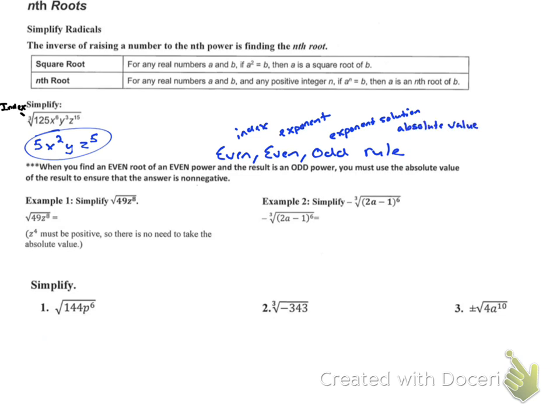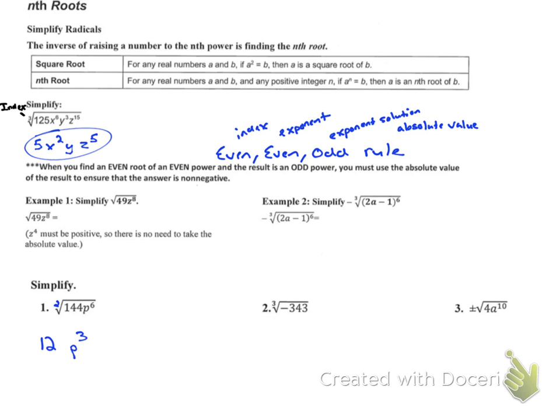All right, if you look at number 1, what's the square root of 144? 12. Now what's our index number on a square root? It's understood, it's a 2, right? So what's 6 divided by 2? 3. P cubed. So this is an example of the even, odd rule. The index number is even, the index number is a 2. If you look at the P, the exponent's even.